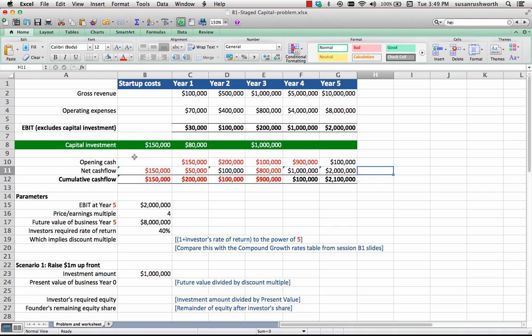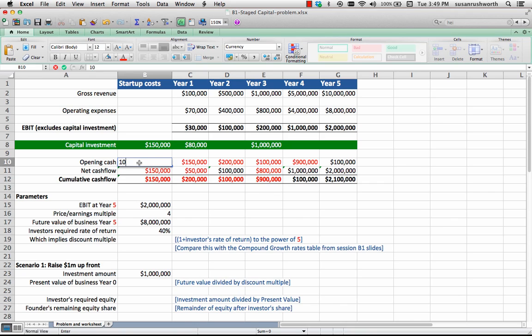There's some capital investment needed at the beginning and again in year 1 to grow the sales to $1 million a year, but to get to the year 4 and year 5 sales, which represent really rapid growth, an extra $1 million of capital investment is required in year 3. Overall, this amounts to a minimum cumulative negative cash flow of $900,000, suggesting that you need at least that amount to launch the business.